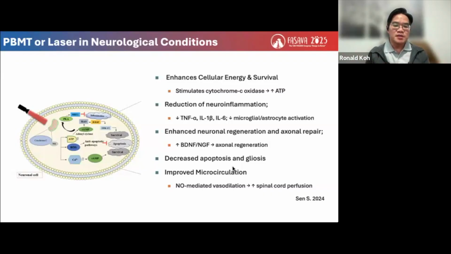It also decreases apoptosis and gliosis and improves microcirculation. Again, that's important, especially during recovery. You want that microcirculation to increase the perfusion within the spinal cord, which might help to speed up the healing process. So laser therapy definitely is something that I would do either once a week or twice a week along with acupuncture.